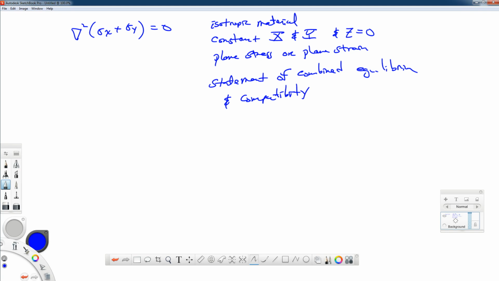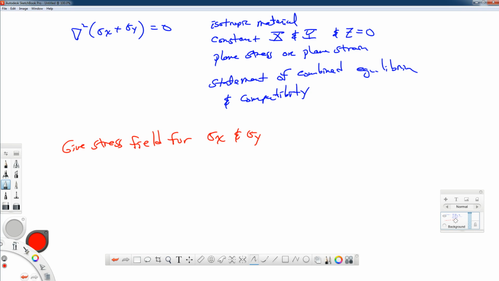So one thing that I often like to do on exams for my students is I can give you a stress field for sigma x and sigma y, and I can say, does it satisfy equilibrium and compatibility? Well, it's easy.